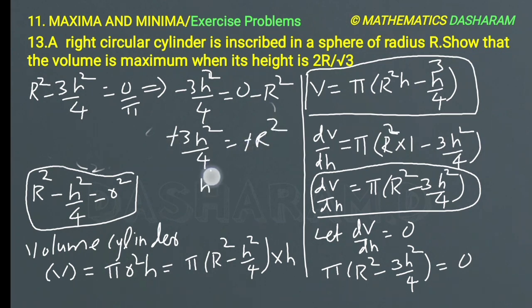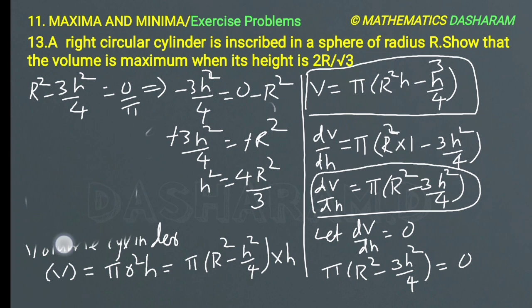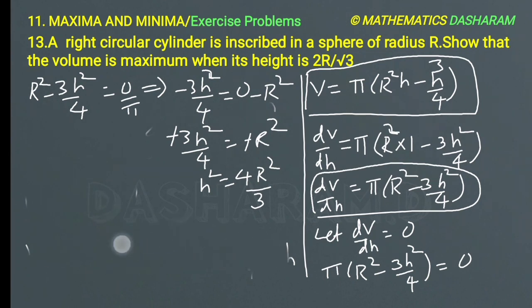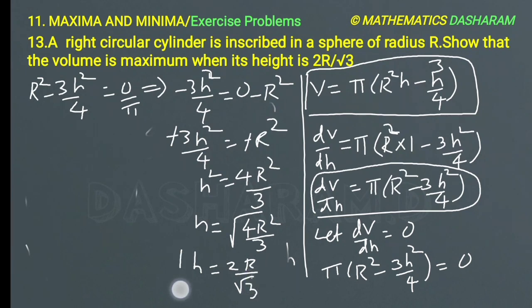So h square equals 4R square divided by 3. Then h equals under root 4R square divided by 3. The square root of 4 is 2, so h equals 2 into capital R divided by root 3. Here h means the height of the cylinder.